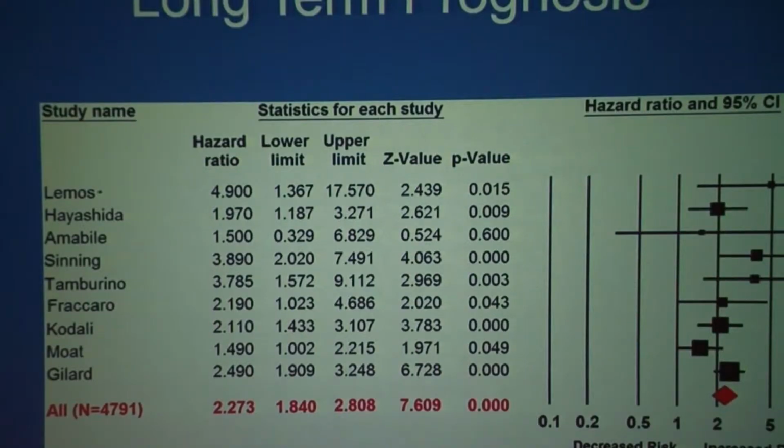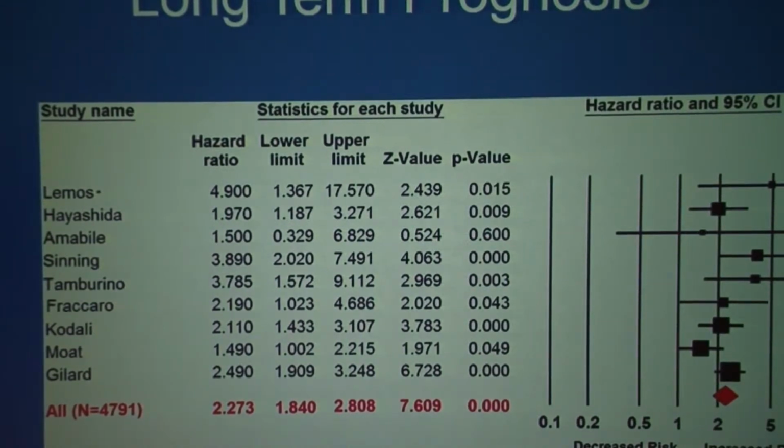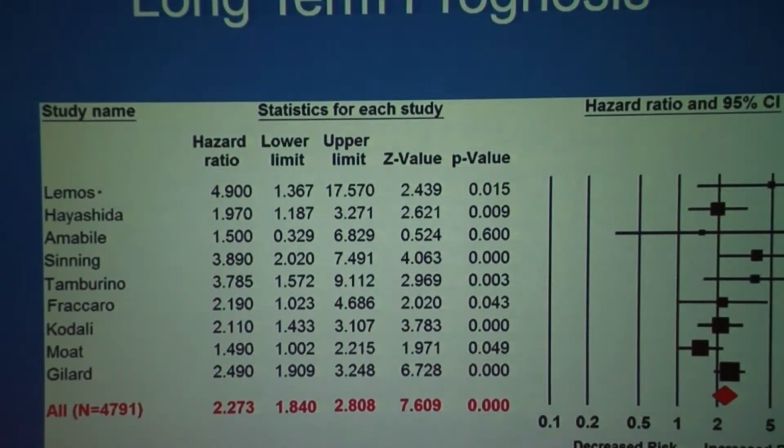Again, different studies have reported different prognostic impact of having mild AI. This meta-analysis that looked at 45 of these studies showed that moderate to severe AI was associated with a 2 to 2.5 increased risk of mortality compared to no AI.